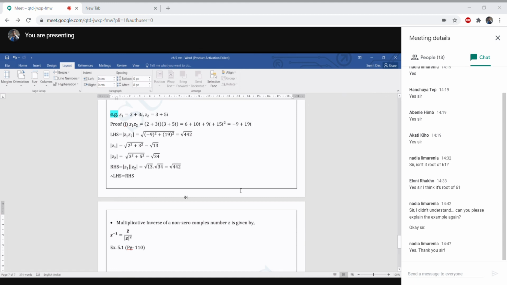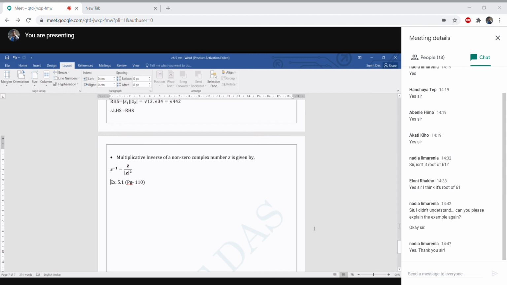Understood? So we learn these two formulas, I mean the way how to find the Z bar and mod of Z. So we have to find the Z bar and mod of Z, then mod Z square, to find the multiplicative inverse.